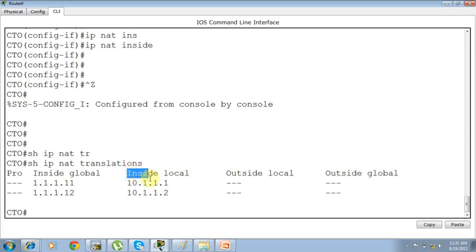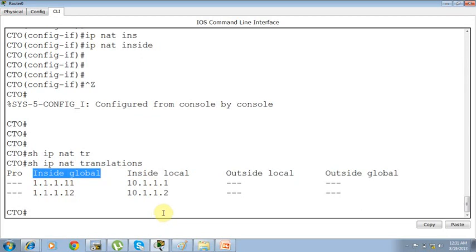You can see here that the private IP addresses are being shown through inside local address, and the public IP addresses are being shown here through inside global IP address. And you can see the static mapping, the fixed mapping. 10.1.1.1 is mapped with 1.1.1.11 and 10.1.1.2 is mapped with 1.1.1.12.